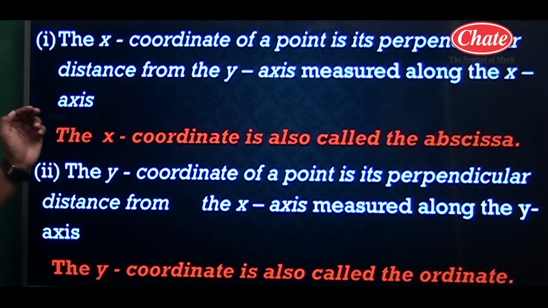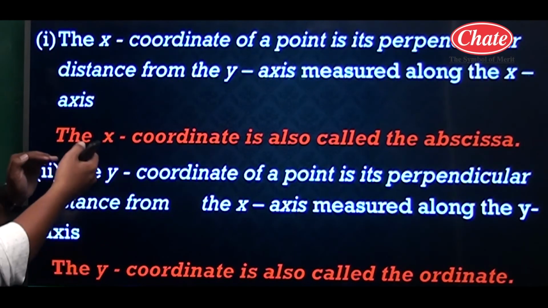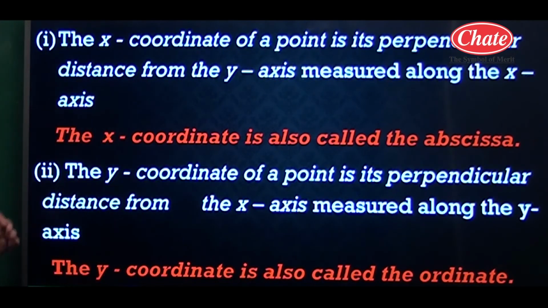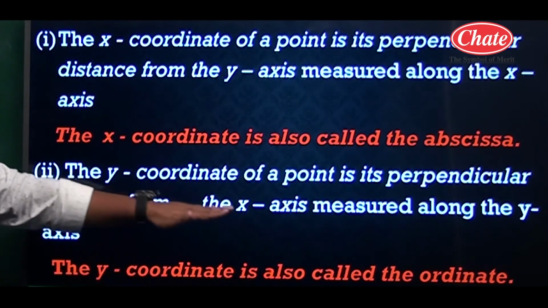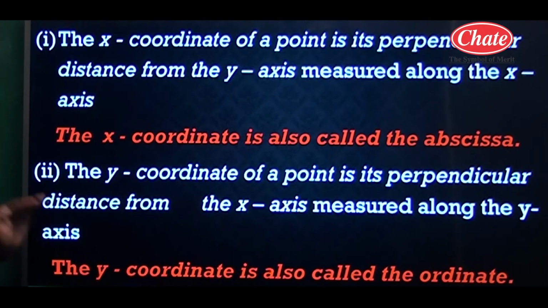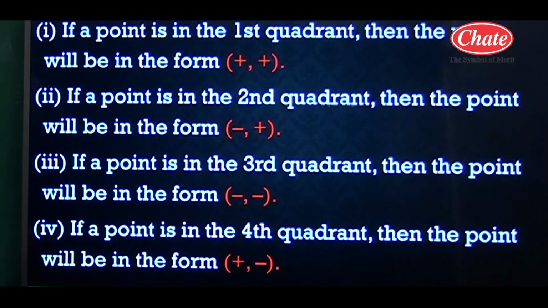And the y coordinate of any point is its perpendicular distance from the x-axis, measured along the y-axis. The y coordinate is also called the ordinate.